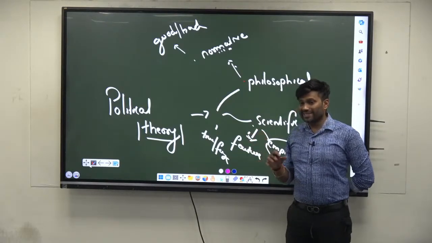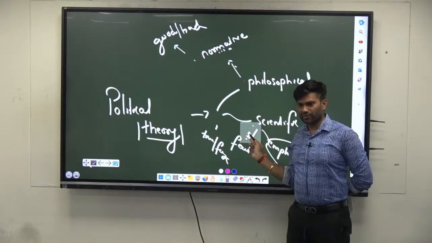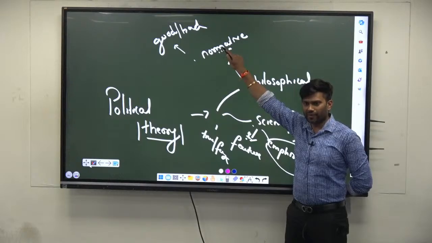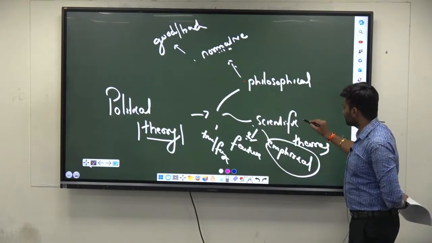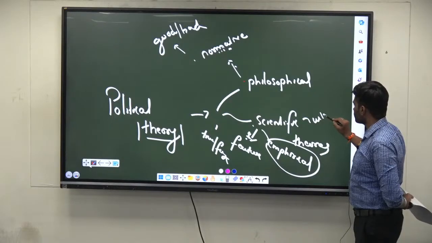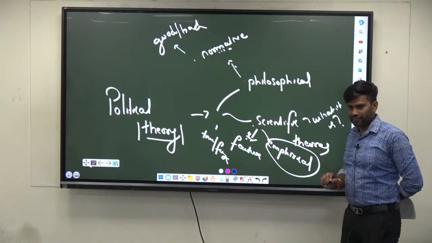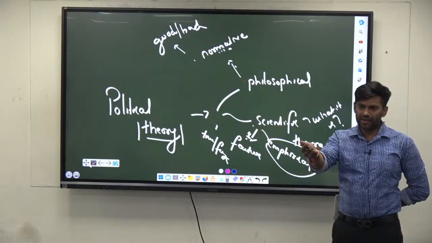So political science largely is based on empirical approach. Political philosophy, what is it based on? Normative approach. Political science largely deals with the question of what it is. It will investigate what it is and why this is happening.